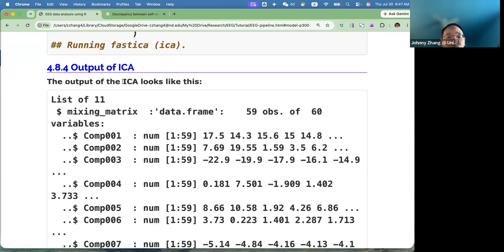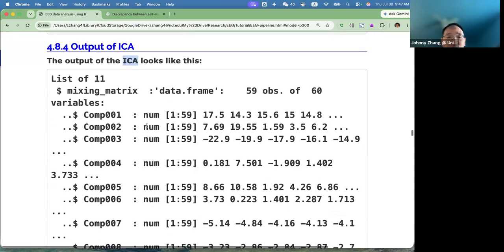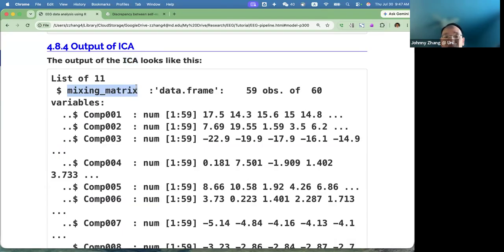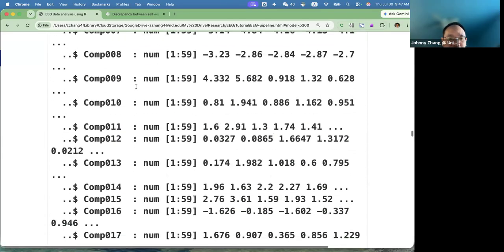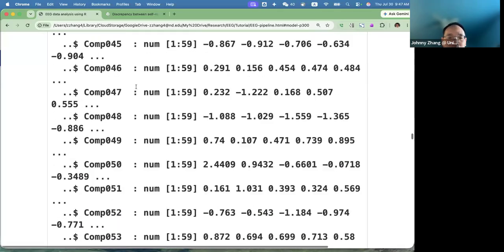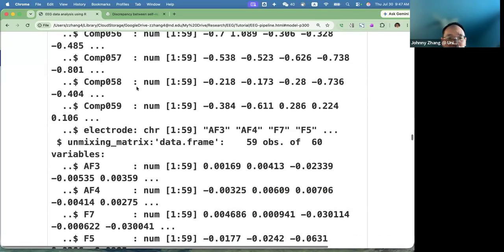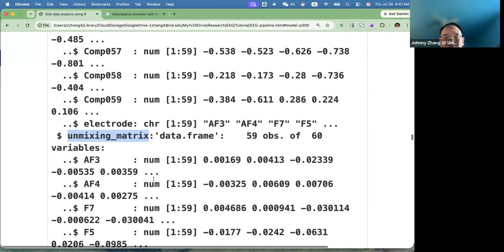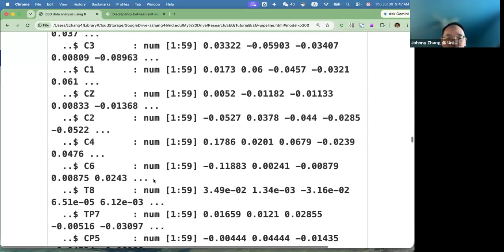So this is the output of my ICA analysis. It's very similar to an EEG data format. I have a mixing matrix. Now you know what a mixing matrix is. Basically, it's a matrix, right? It's 59 by 59 because I have 59 channels. And it also has a W matrix to get the components.